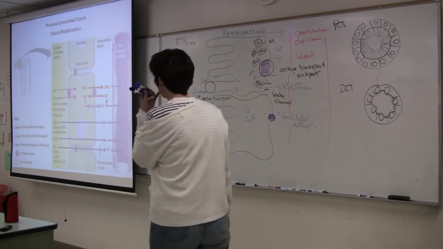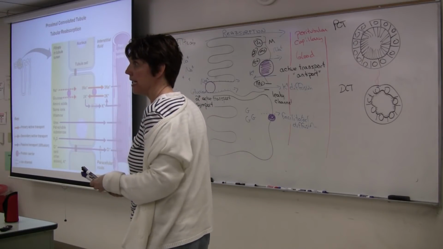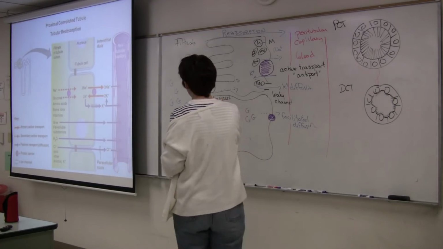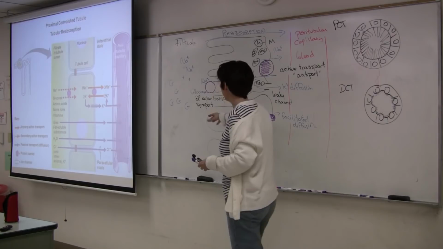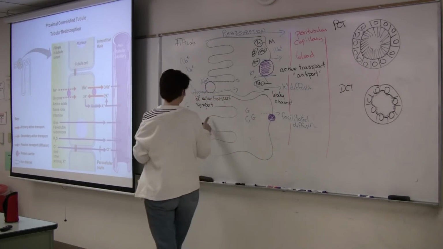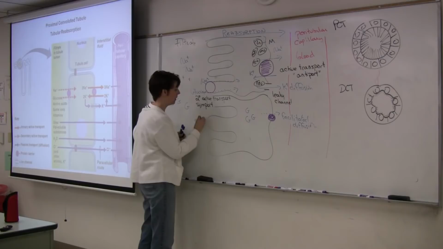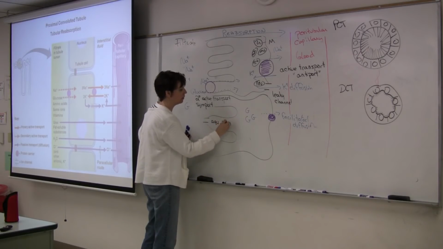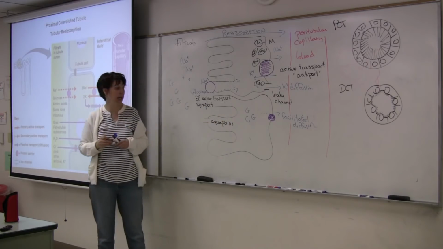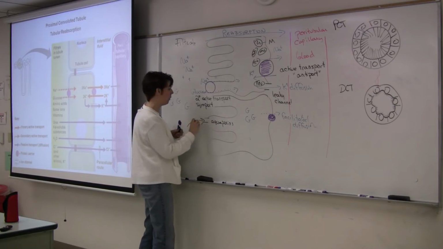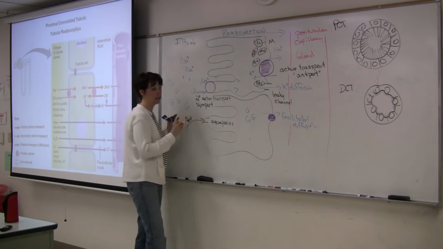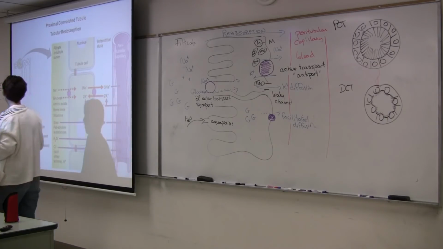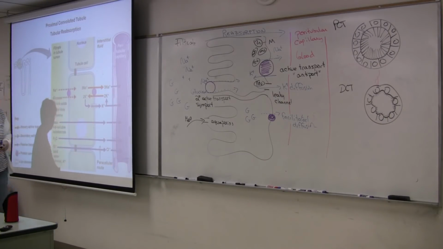Other molecules, like some of our urea that we're trying to get rid of, will still passively diffuse across. Water will follow. We have aquaporins. We won't really talk about them till Thursday, but they are water channels, because water is not soluble in the lipid of our plasma membrane. So aquaporins will allow water to also follow the osmotic gradient of the sodium and the glucose moving across the cell.